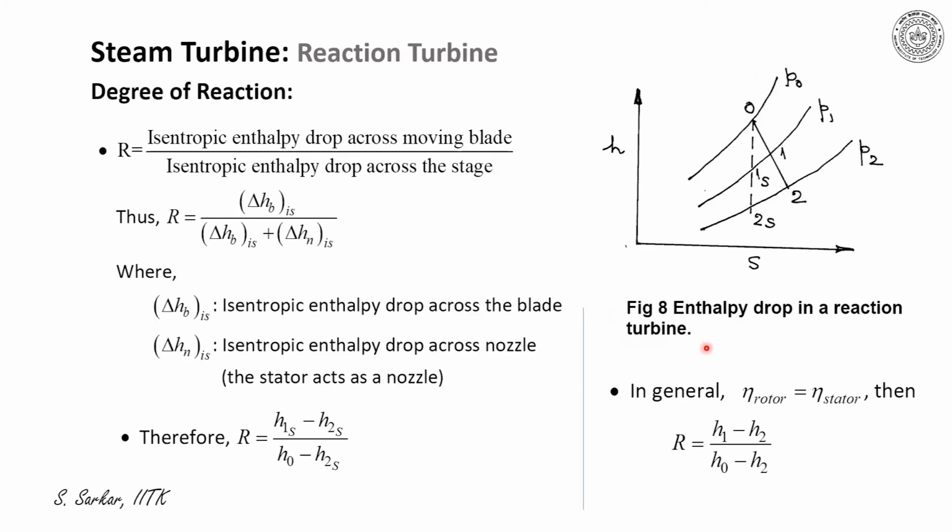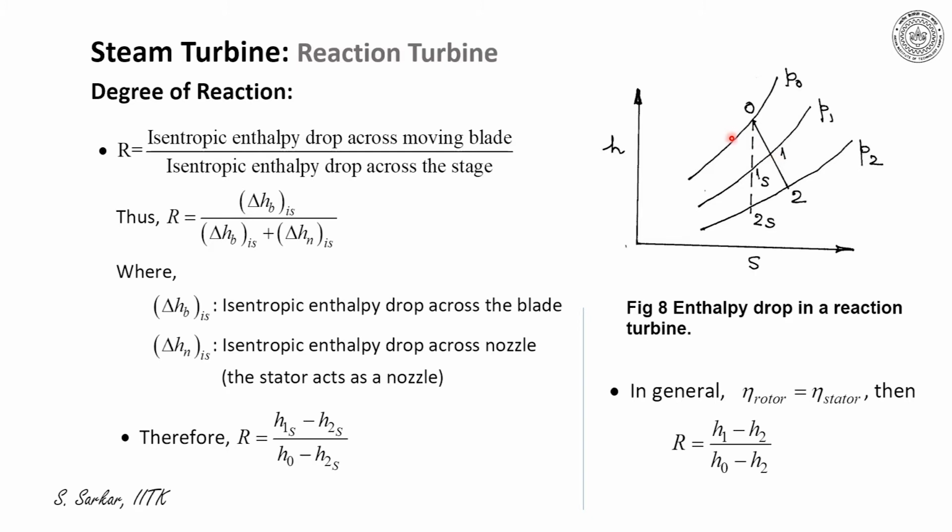I have presented here the HS diagram illustrating enthalpy drop in a stage of a reaction turbine, where the state point 0 represents inlet to the stage, and the state point 2 indicates the exit from the stage, and state point 1 indicates the exit from the fixed blade.